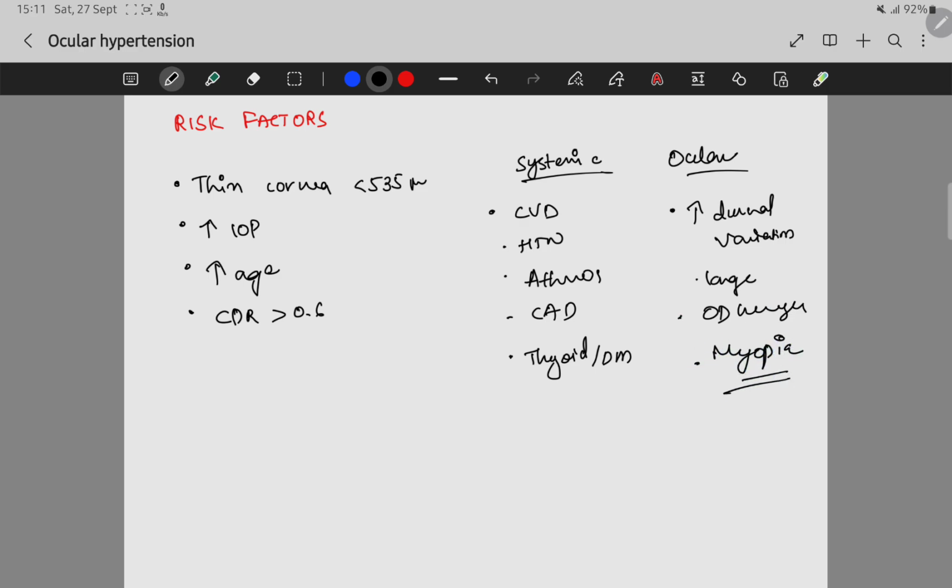Myopics are at highest risk, we know. So these are all the risk factors for developing ocular hypertension. It is actually a diagnosis of exclusion, so we need to rule out any other causes like trauma, steroid use, etc.